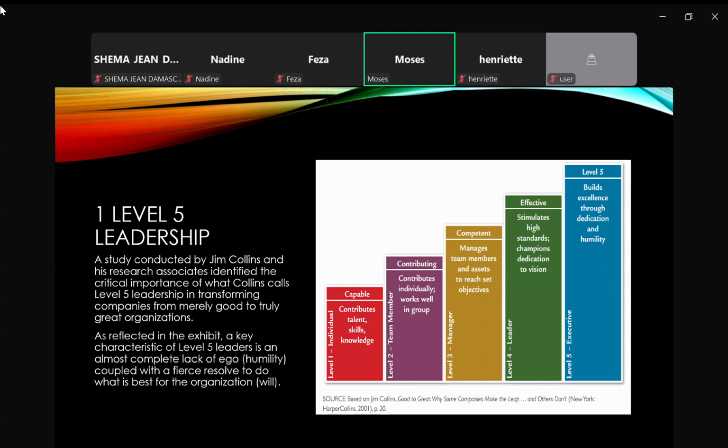A level 5 leader is a leader who has two main qualities. Number one is humility, a lack of ego. And then number two is will, or determination to do what is required.